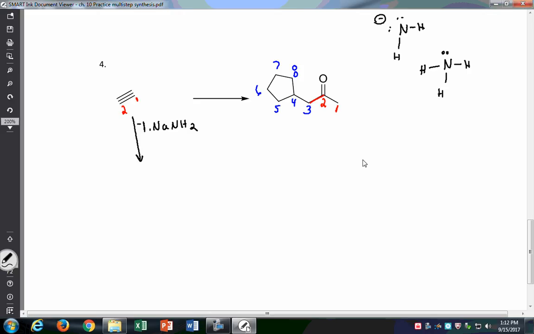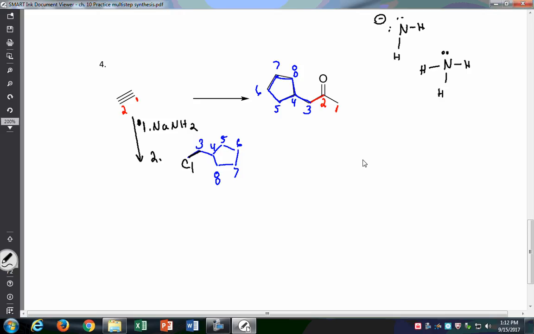So we have our strong base, and then we want to react it with our carbon-containing group. So our alkyl halide will be on carbon 3 because that's where our new bond is. And again, make sure you're not putting too many carbons. And this could be a chlorine, iodine, bromine. So the amount of carbons total of my starting material plus this should equal my final carbons.